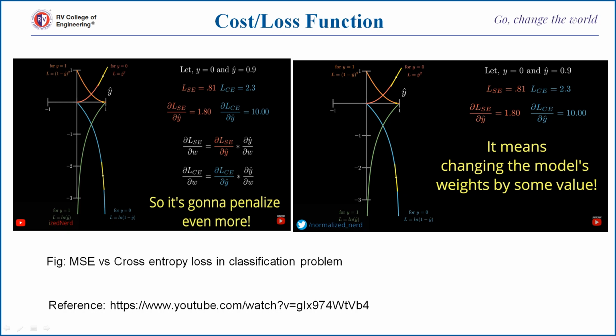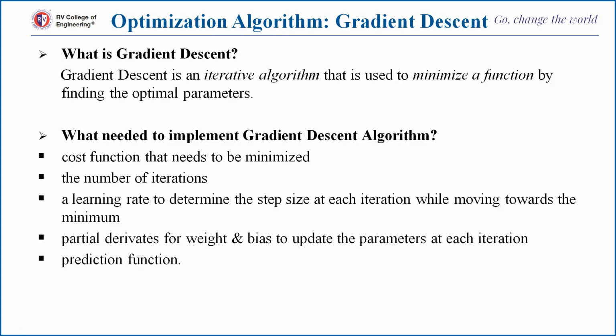For predicted value 0.9, we see the gradient for the cross entropy loss is much higher as compared to the mean squared error. But for a regression problem, we don't need to penalize so much or change the gradient by such a large step. So we will use the mean squared error.